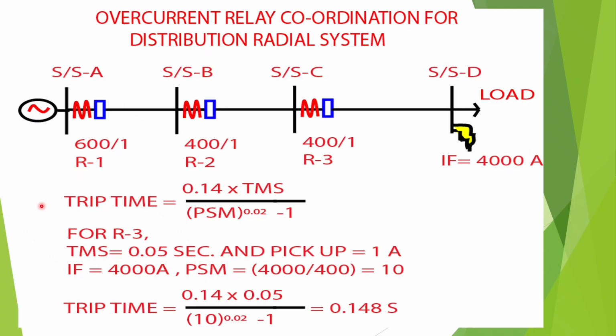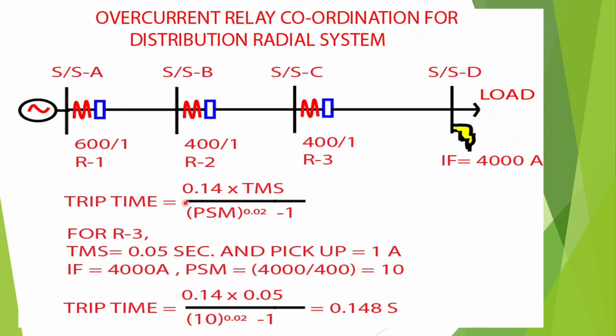IEC normal inverse, or standard inverse, characteristic is chosen for coordination of the overcurrent relay. As per the IEC normal inverse curve, the trip time is equal to 0.14 into TMS, where TMS is the time multiplier setting in seconds, divided by PSM to the power 0.02 minus 1.